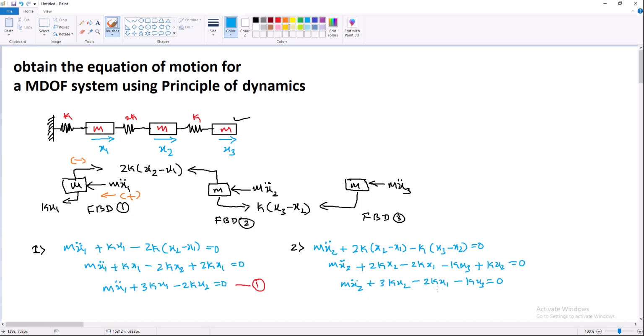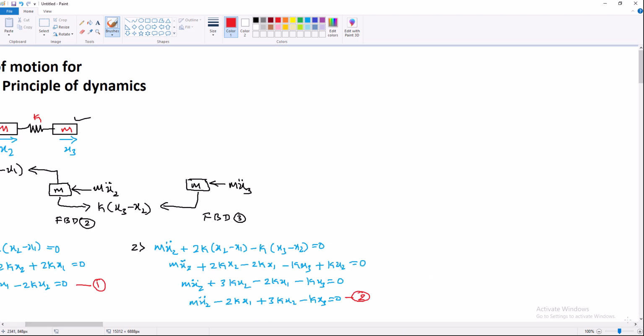So I will write x1, x2 and x3 in order: m x2 double dot minus 2k x1 plus 3k x2 minus k x3, which is equal to 0. So this is the second equation, for the second mass.